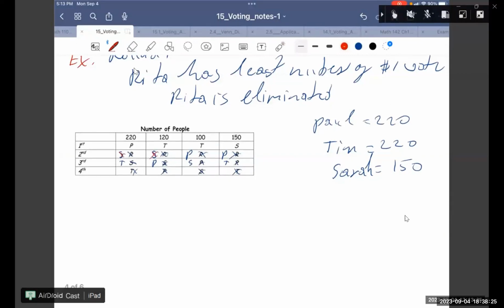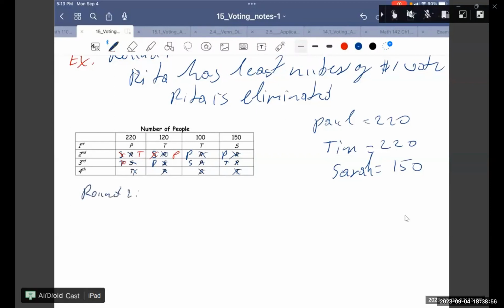So this one is Tim, and this one Paul, and Tim and Paul. And then Tim is 220. So now we say round two.